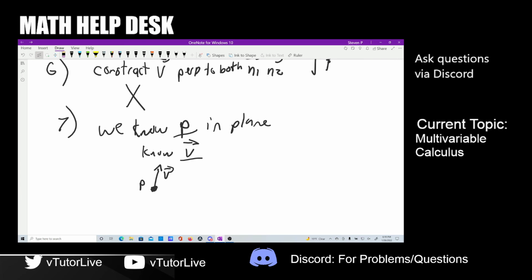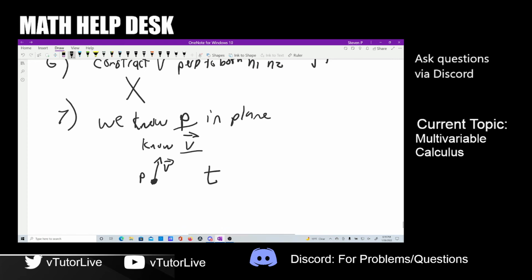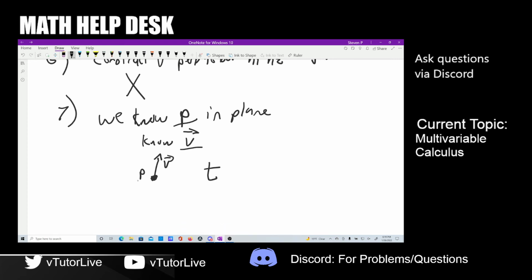As a reminder, typically this means we want to introduce a parameter. Let's call it t. This isn't meant to be a trick question, but it kind of comes off as one. Just definitionally, if you have a point p, a vector v, and a parameter t, how would you define a line?